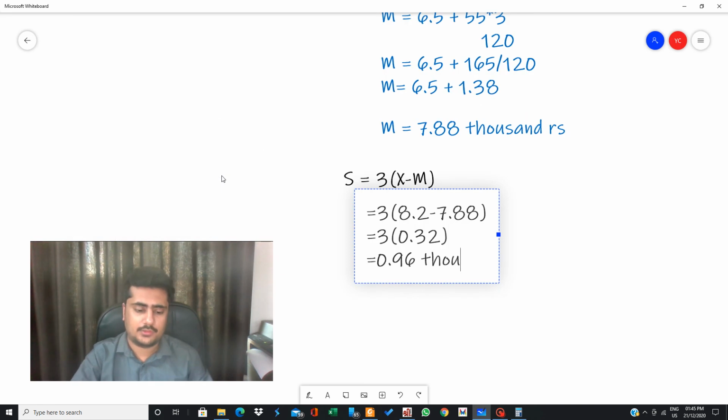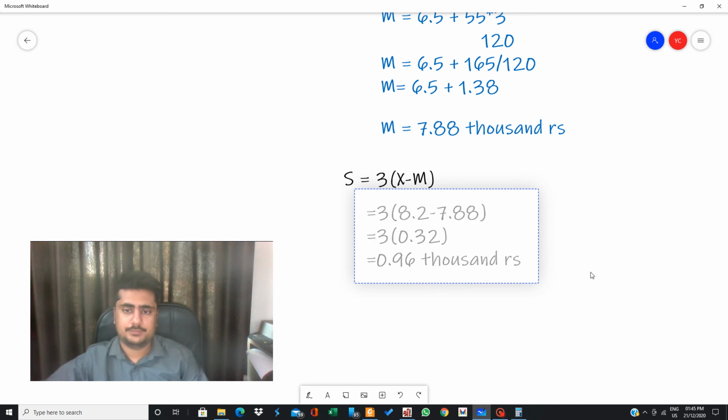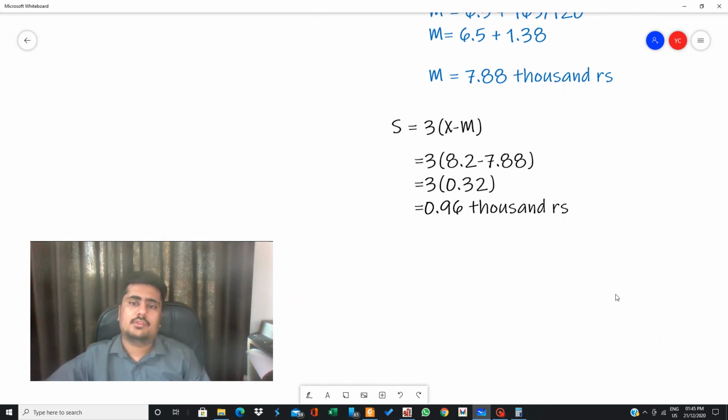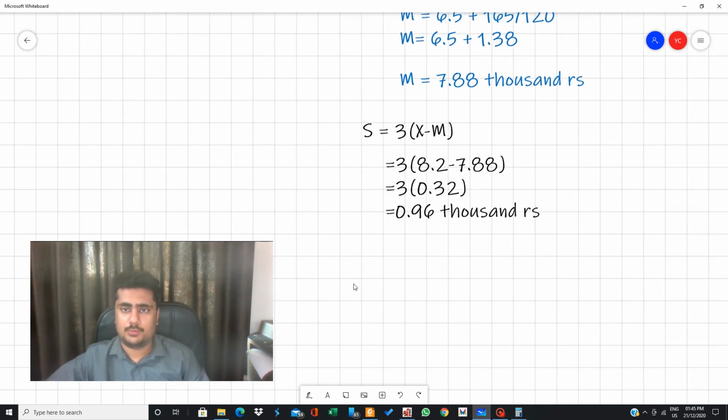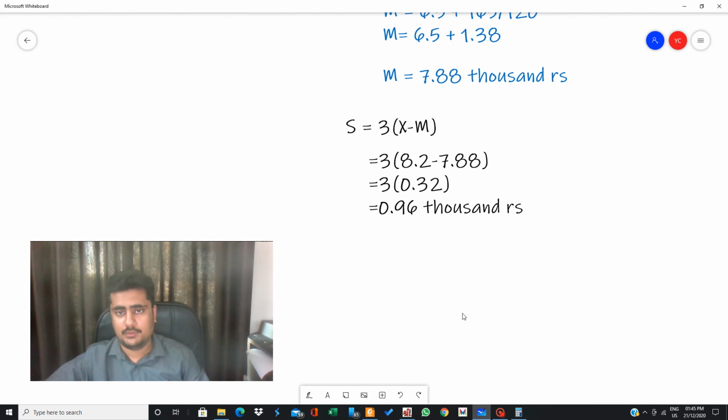So skewness is always in the form of x, so it is 0.96 thousand rupees. So this was the skewness.